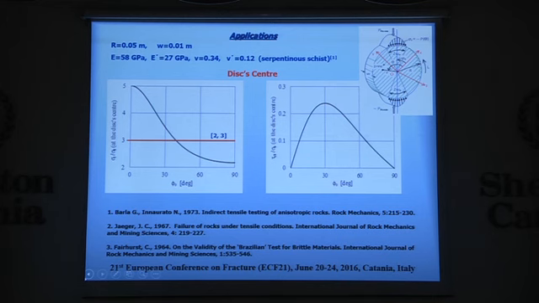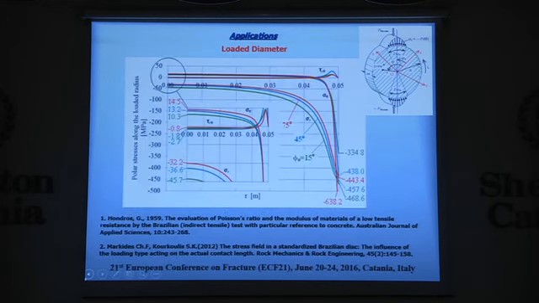And finally, we have plotted stresses along another locus of interest in the case of the Brazilian disk, along the loaded diameter from 0 to R, where we have plotted all three stress components for 3 different phi0 values. And here is also an embedded figure, which is a magnification of this area.